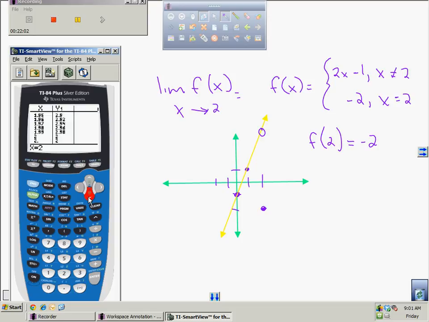3, right? But look, right at 2, what number do I get out here? I get out, what do I get out 2? That should say negative 2. That should say, maybe I put it in wrong. Okay.